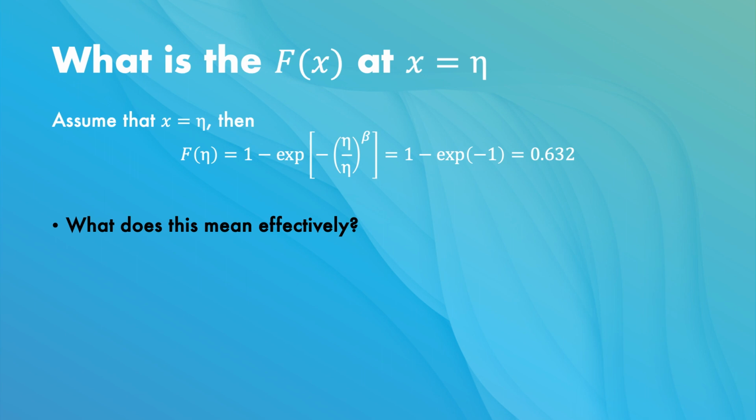And the scale parameter, as you will see, is the time at which 63.2% of all the equipment will fail. So when you're defining your Weibull distribution, you immediately define what we call the characteristic life.